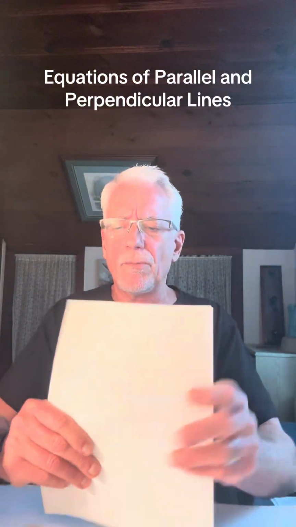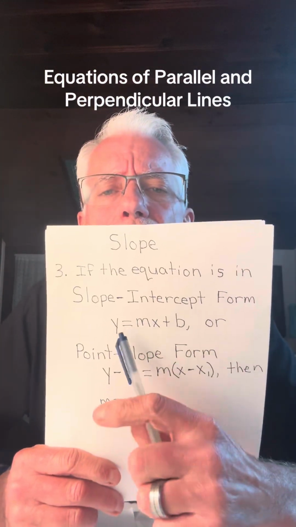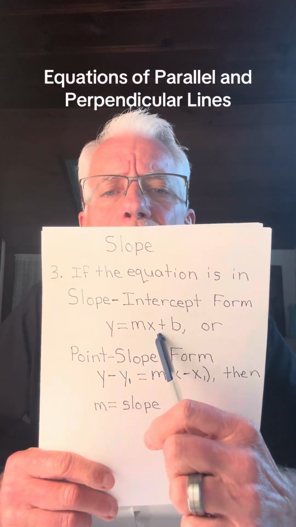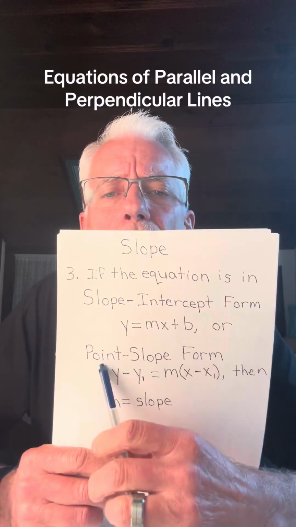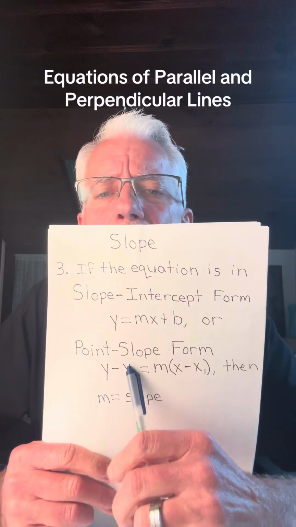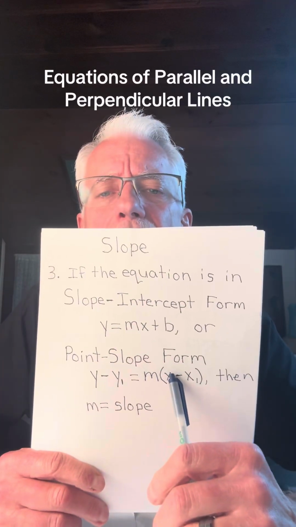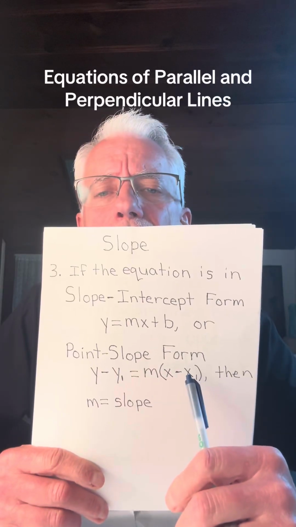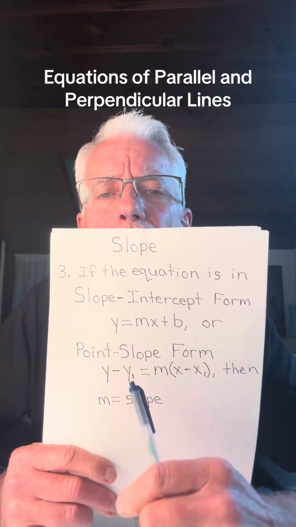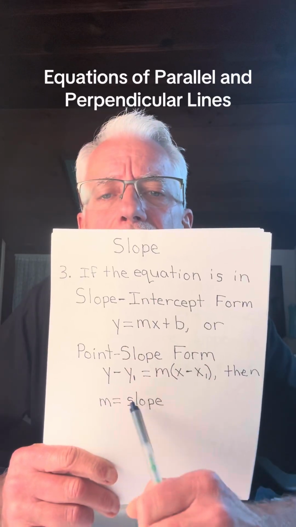Okay, it's always opposite. If they give it to you in slope intercept form, y equals mx plus b, or point slope form, which is y minus some known y value equals m times x minus some known x value, then the number in front of the x's is my slope.